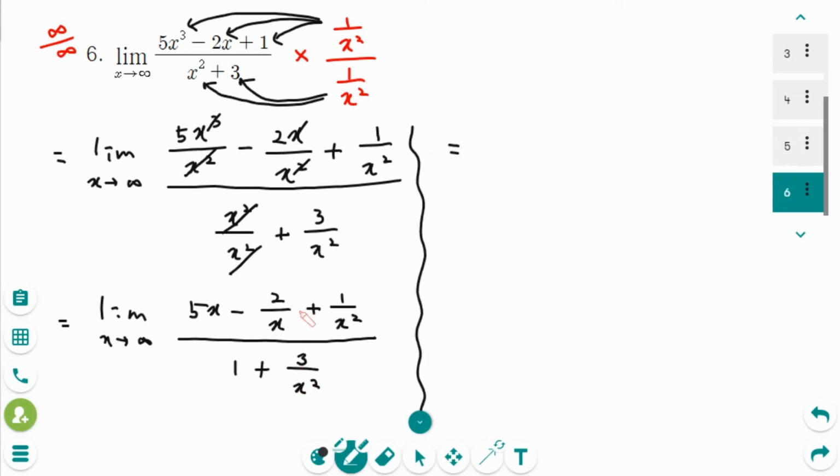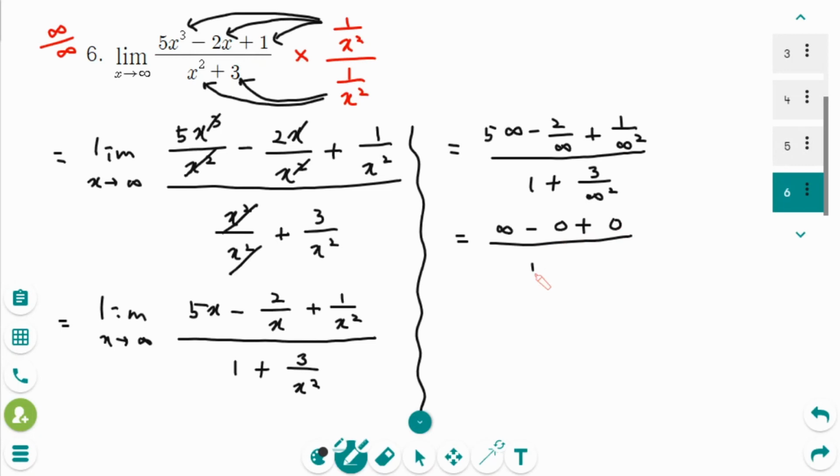And then the next step is 5 infinity minus 2 over infinity plus 1 over infinity squared over 1 plus 3 over infinity squared equal, this one is also infinity minus 0 plus 0 over 1 plus 0. So this one is infinity over 1. Answer is the infinity.